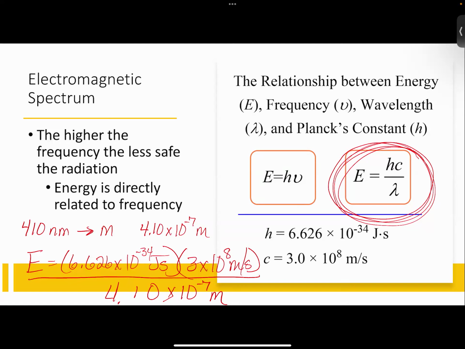If you have visible light, the frequency will be 10 to the 14th per second. Yes. Wavelength is 10⁻⁷ meters. Frequency is 10¹⁴ per second.